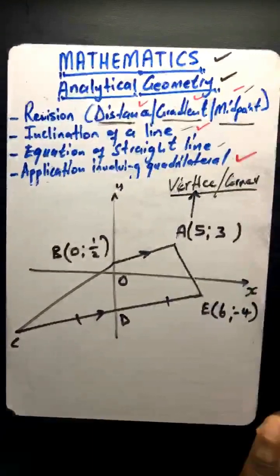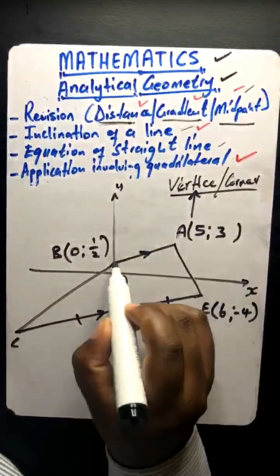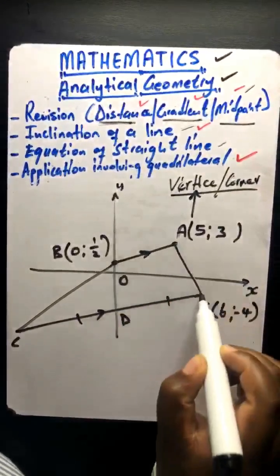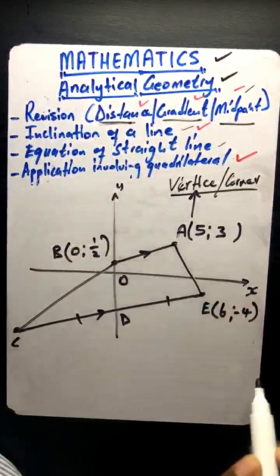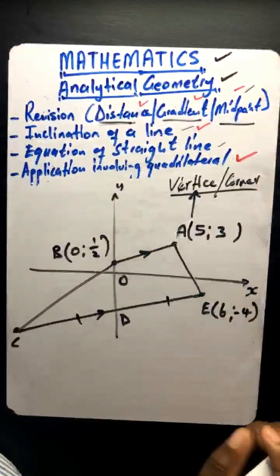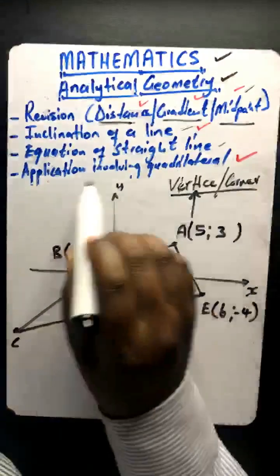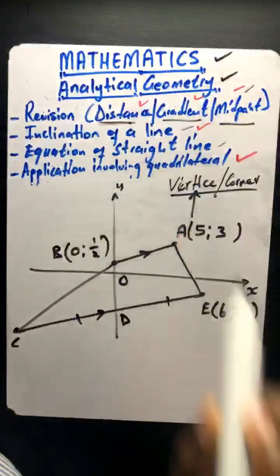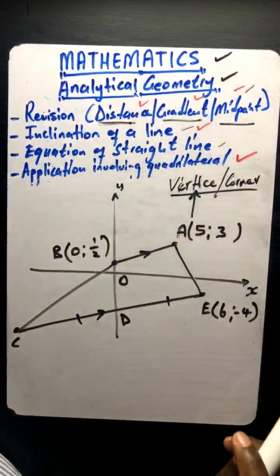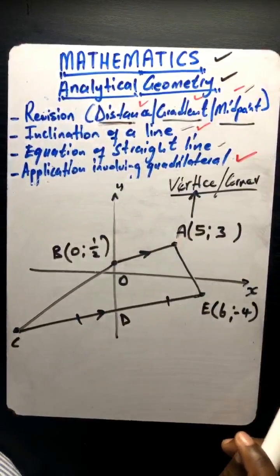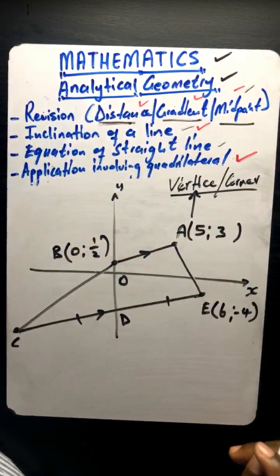Okay, so what vertices are they talking about? This is vertex number 1, vertex number 2, vertex number 3, vertex number 4. So under analytical geometry, when you are looking at applications involving quadrilaterals, you know you are looking at a shape having 4 vertices. Let's quickly have a look at the first question.